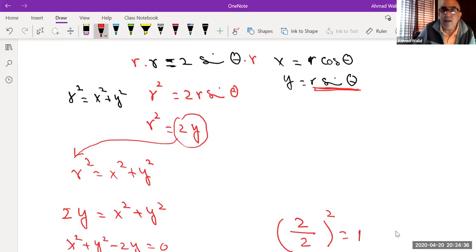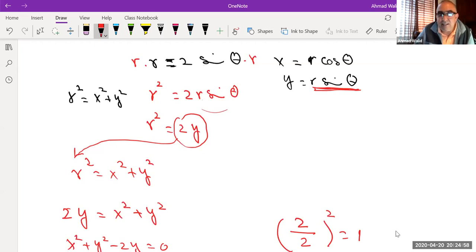Always, how to deal? Always first start to change this side of the equation to r squared. As soon as you do that, you can see your r sine theta or r cosine theta on this side. Substitute it to x or y.